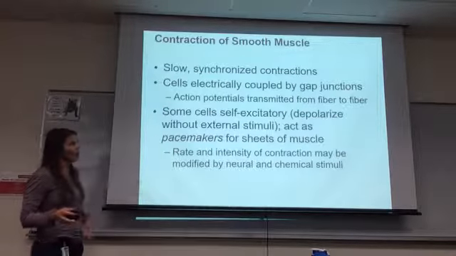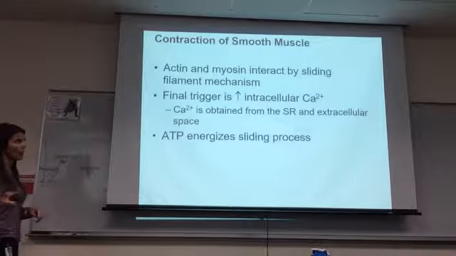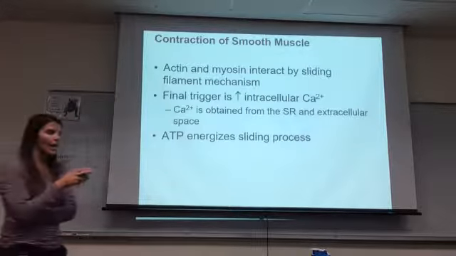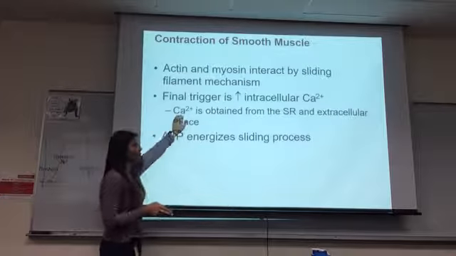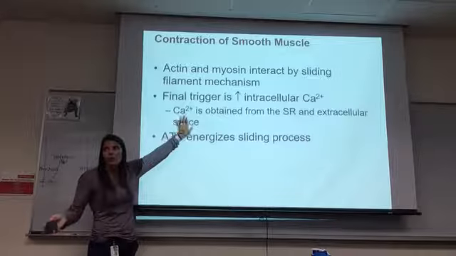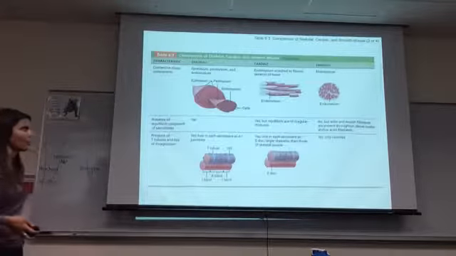And when we talk about the heart, we'll have pacemaker cells. We do have them in smooth muscle as well, but more so in cardiac muscle. The process of a smooth muscle contraction, it's initiated by calcium. That's all you need to know there. It does also carry out the sliding filament theory, but that's all you'll need to be familiar with there.